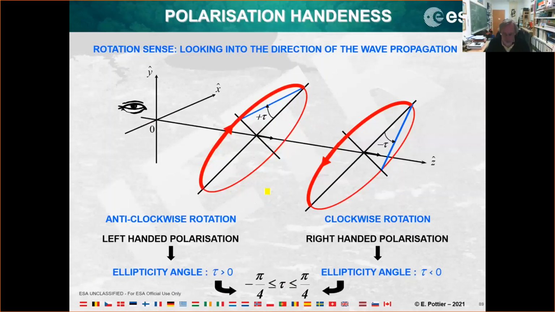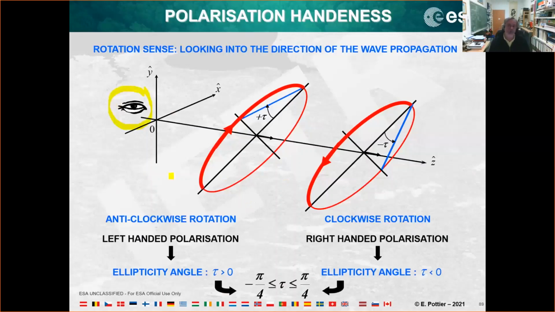So this is what we call the anti-clockwise rotation or the clockwise rotation, which corresponds to the left-handed polarization or the right-handed polarization. So we have a definition in the radar community, which is the following. I'm looking here at the antenna, and I'm looking into the direction of the wave propagation.